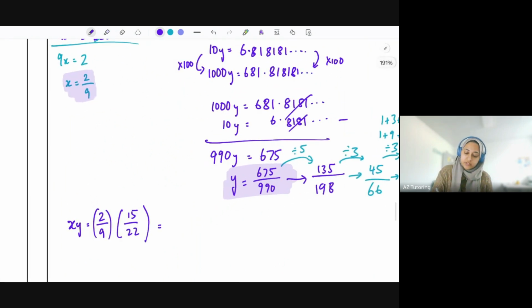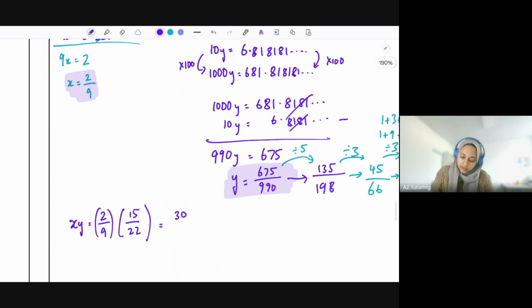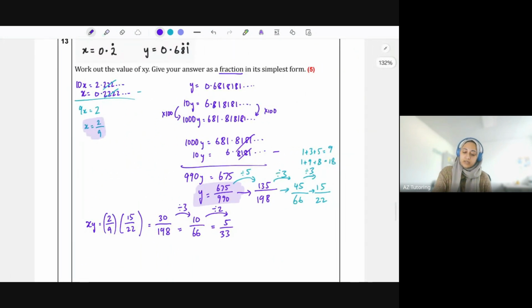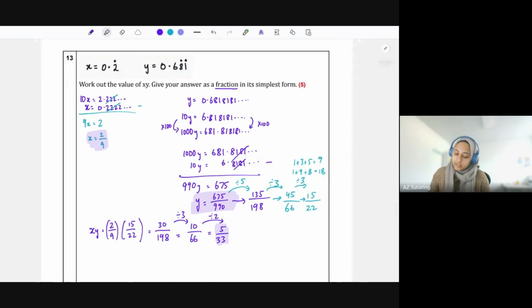So 2 times 15, so a lot easier to do now, is 30. 9 times 22, use your long multiplication method, that's 198. I can divide the top and bottom by 3, so I get 10 over 198 divided by 3 is 66. I can divide by 2 top and bottom. I get 5 over 33. And that's my final answer for 5 marks.